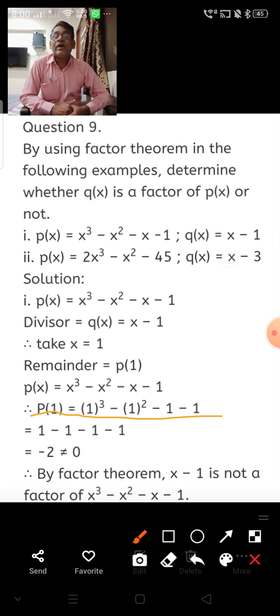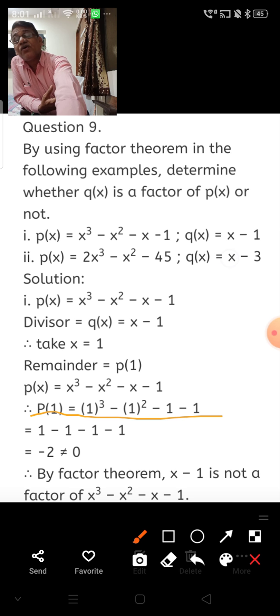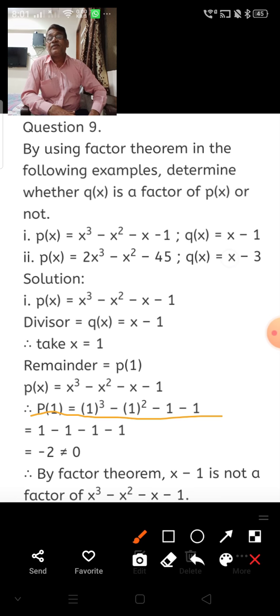So 1 cube is 1, minus 1 square is 1, minus 1 minus 1. Here p of 1 is equal to minus 3, plus 1 minus 1 cancel, minus 2 is there. So minus 2 is not equal to 0.